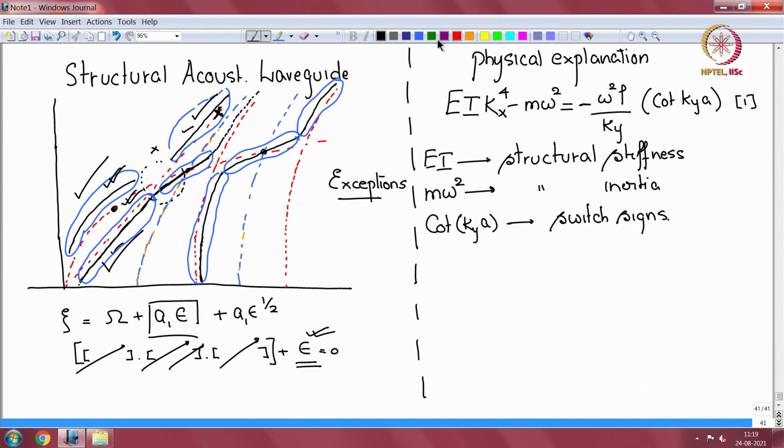So let us say this entire term including the minus, we will call it the fluid loading term.